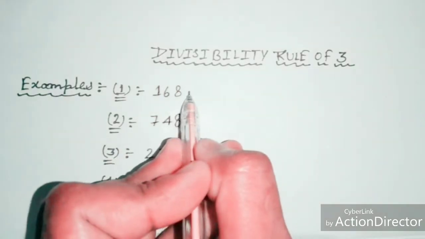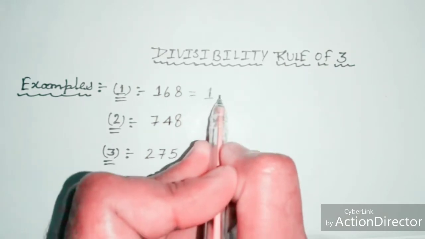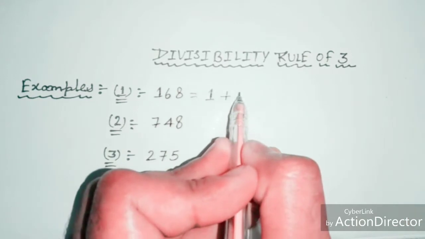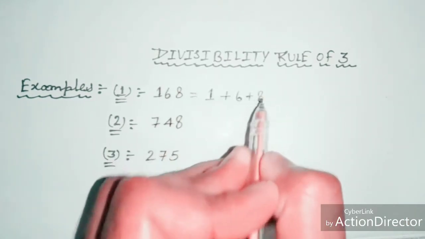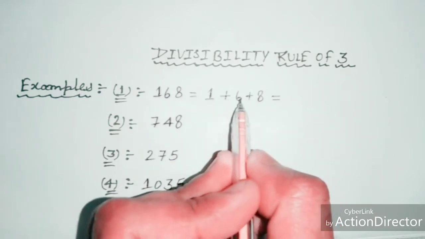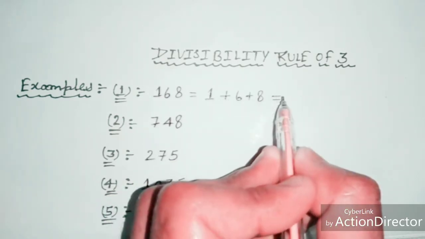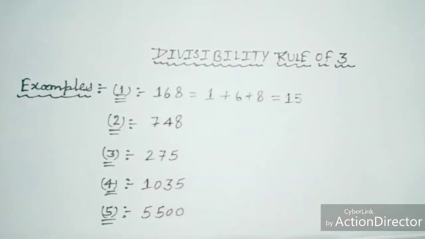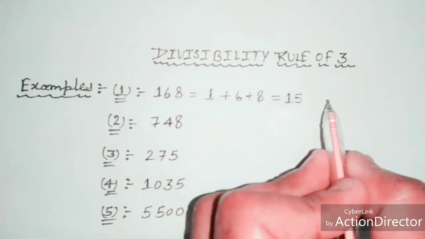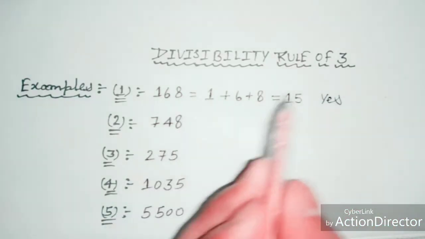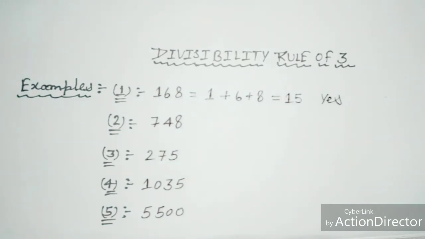So first we add all the digits of this number. The sum of all digits is 1 plus 6 is 7 and 7 plus 8 is 15, and 15 is divisible by 3. 3 fives are 15. So we say yes, this number 168 is divisible by 3.